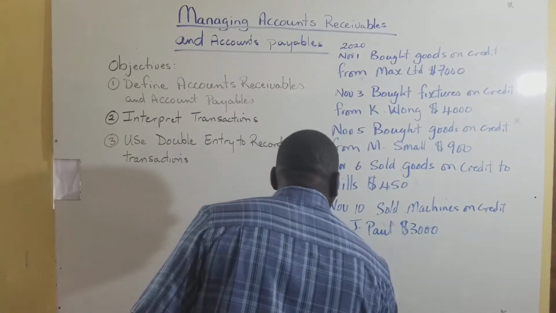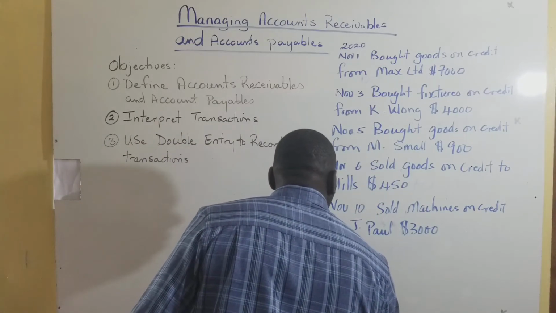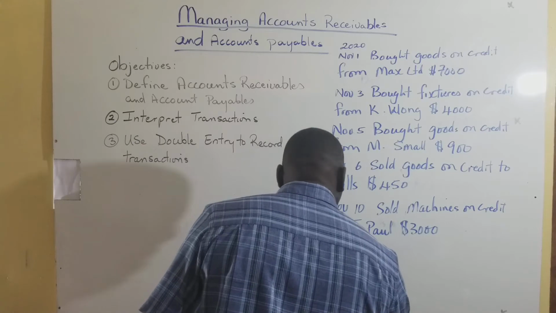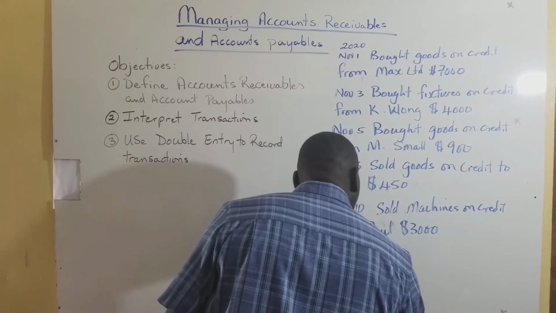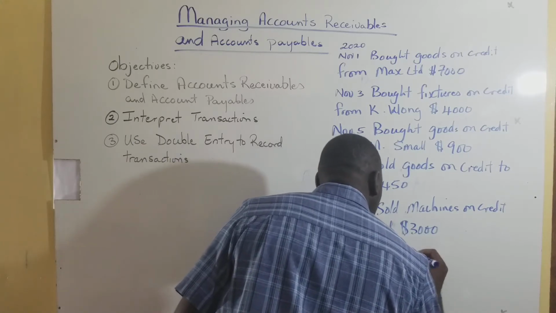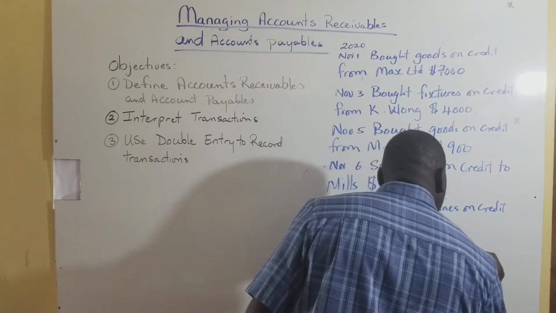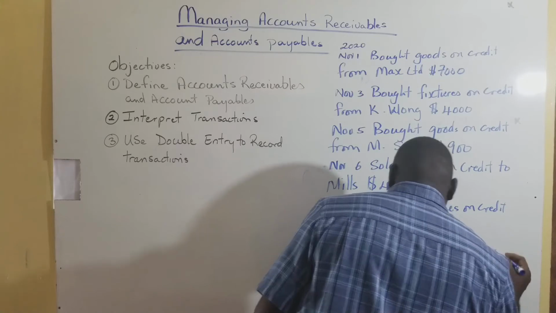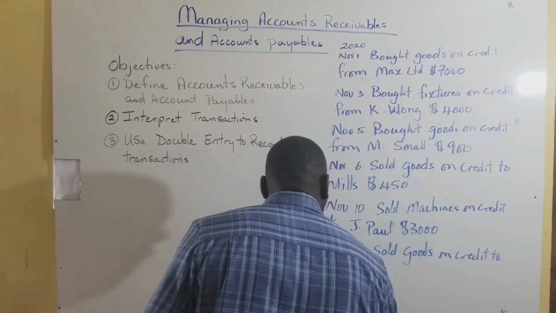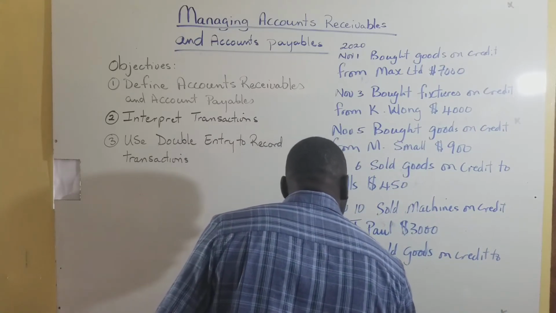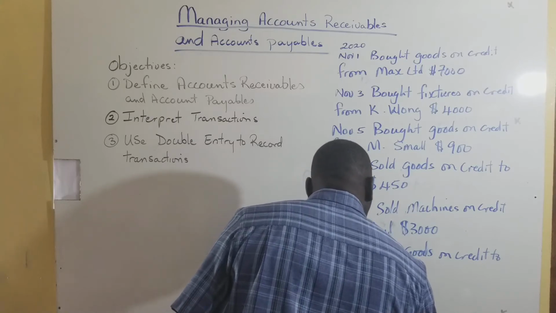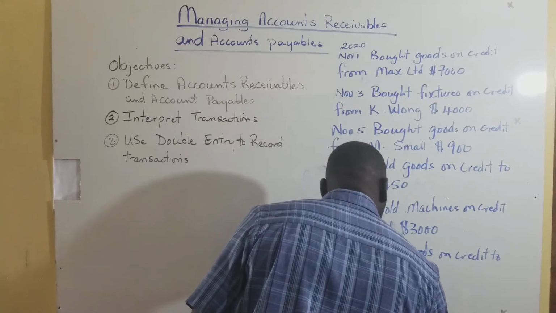And the final one we're going to put on is November 15, sold goods on credit to Ford Limited, $7,500.